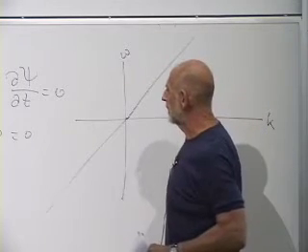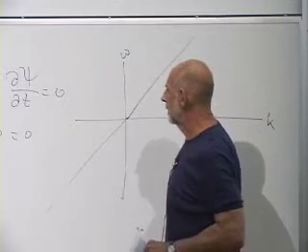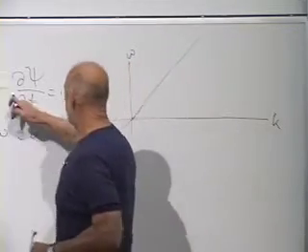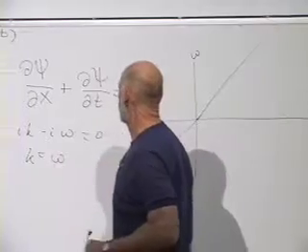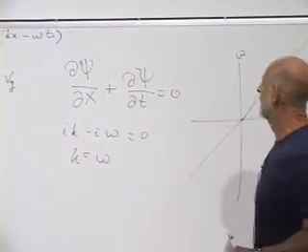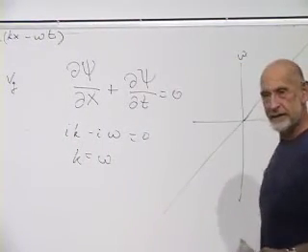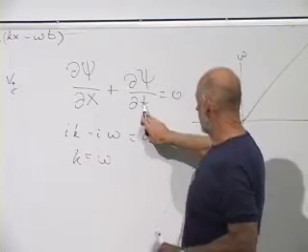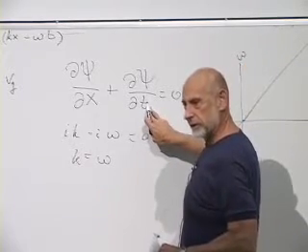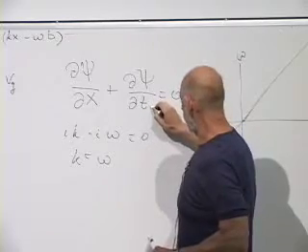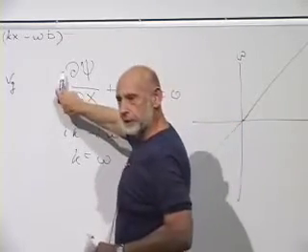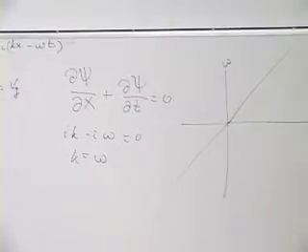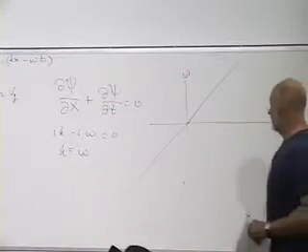Where would the speed of light go in this equation? Does it go here or does it go here? Right, 1 over c here. ct is like x, so it'll be a c here. But we'll set c equal to 1 for convenience. Then omega is proportional to k.